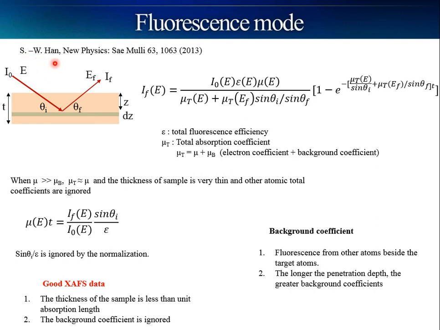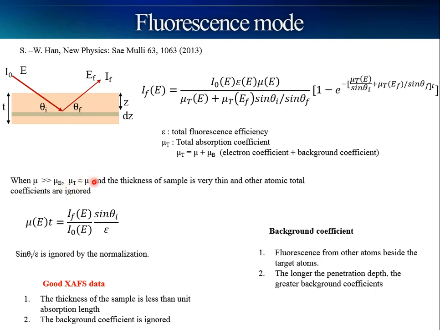From Hans' paper, IF equals this equation, where epsilon is the total fluorescence efficiency and mu T is the total absorption coefficient, which includes the electron coefficient and the background coefficient. When the electron coefficient is much greater than the background coefficient, the total absorption coefficient is similar to the electron coefficient.